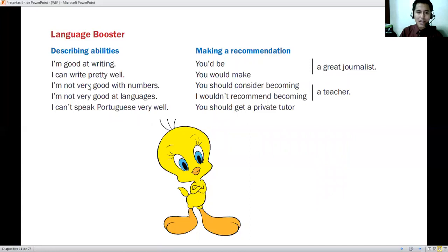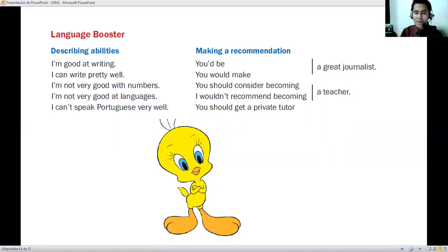If we have an ability, we can have a recommendation, or maybe your friends have some abilities and you can give them a good recommendation. You can tell them, okay, you can do this to improve that, no? Or you have to practice more to be better.